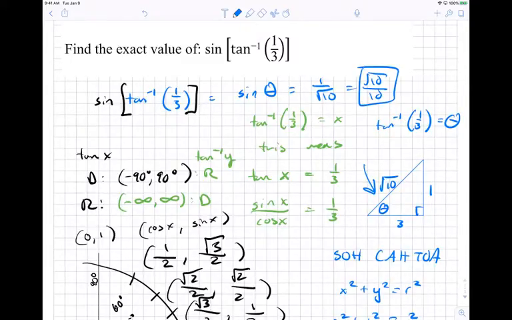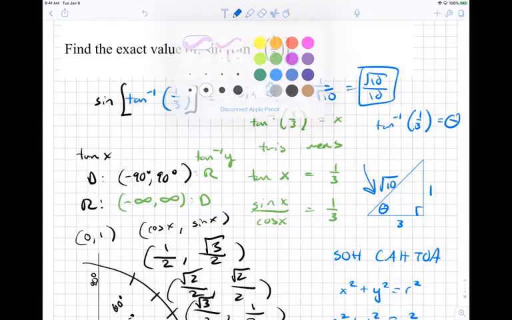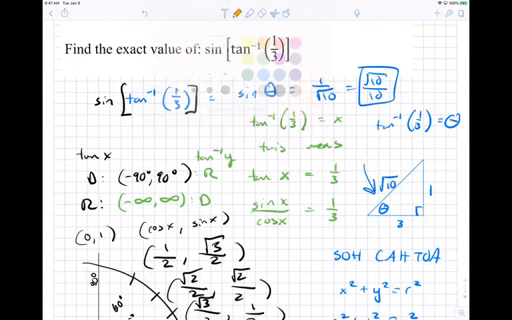So sine of inverse tan of 1 third is just an angle. The second to last thing I wrote, the inverse tan, that blue part. Give me a color. We can do this, and let's go like this. Okay, that'll work.